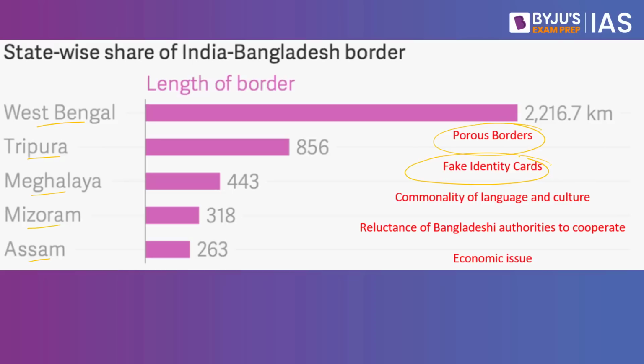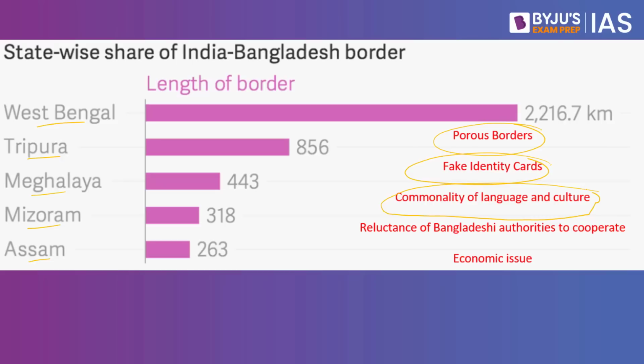Indian citizens do not have these cards, but these illegally arriving people get all sorts of fake identity cards. Added to it, there is commonality of language and culture. They are almost similar to Indians. They have a similar culture. They also have the same language. As a result, they get assimilated into the local culture, and you would not be able to tell the difference between an illegal migrant and a genuine Indian citizen.